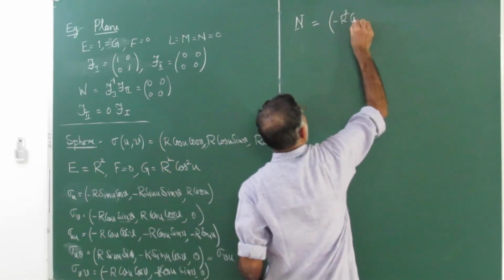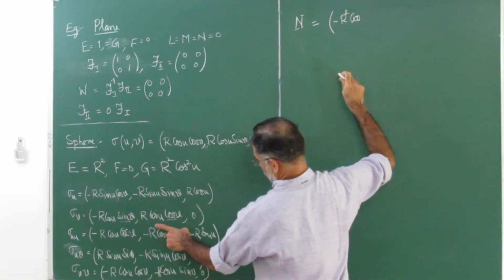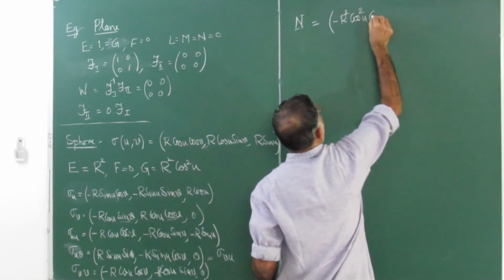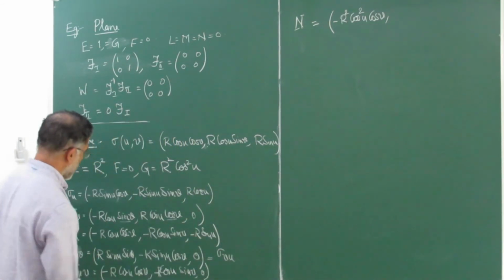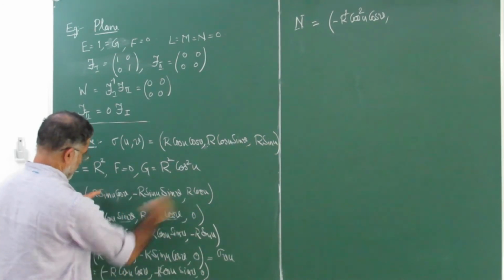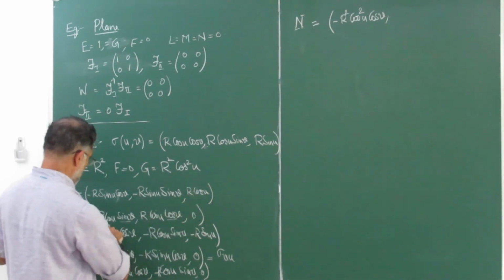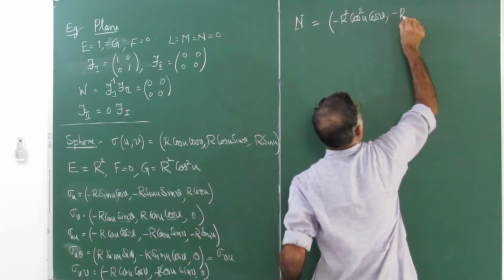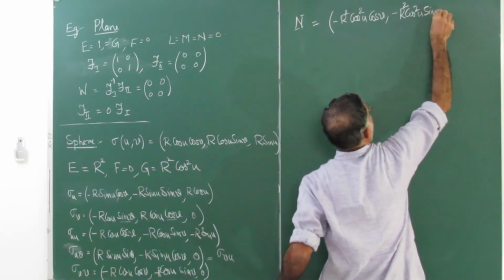Minus r square cos square u cos v. That's right. And next, the middle is removed, so you should take the minus of this determinant. So this goes, so you have this one: minus r square cos square u sin v, minus r square cos square u sin v.